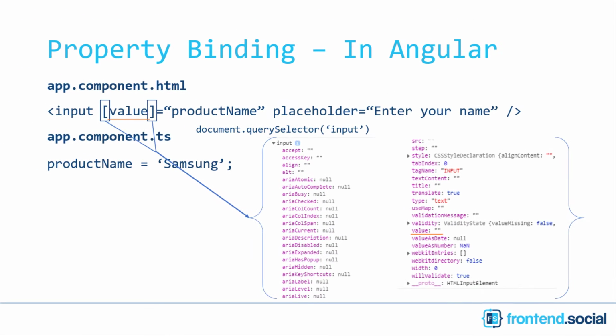Right now it is product name. So the product name will be taken from app component.ts and it will be reflected on the DOM. So as soon as you change the product name value, it is automatically taken care of by Angular to update its value inside this input element. So that's the magical thing Angular provides out of the box. So that's what property binding is.